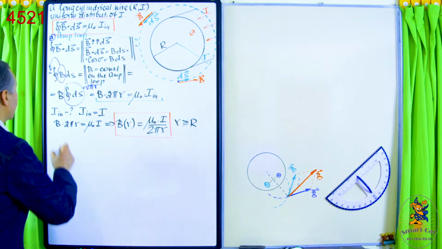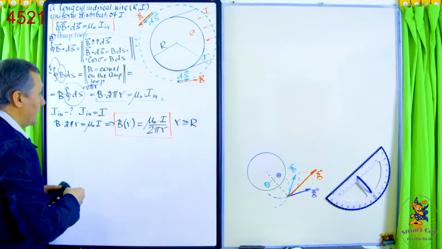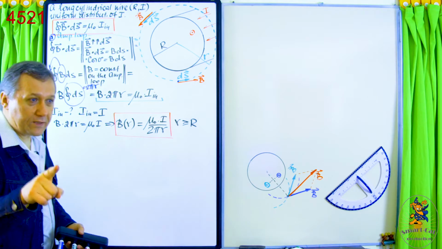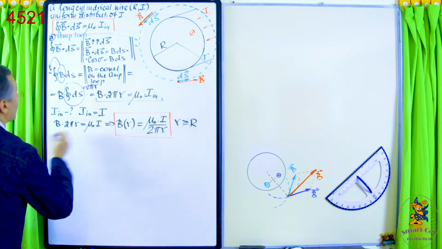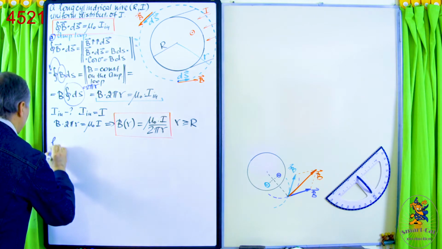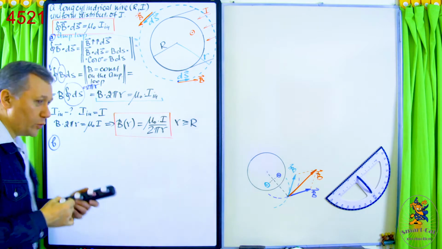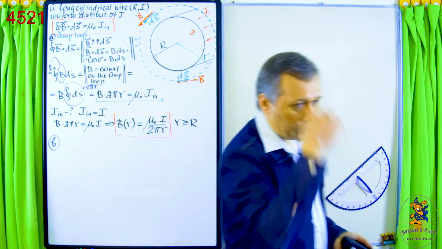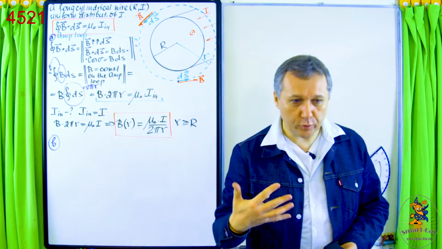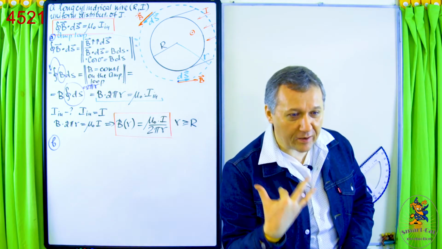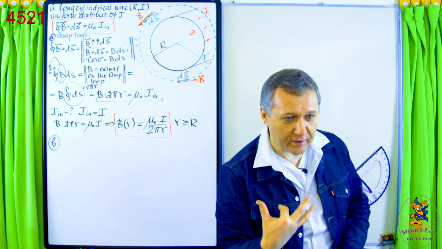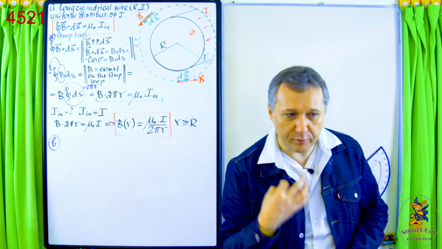Okay, so now part A is done. Now part B. Let's find the magnetic field inside. But again, if something is not clear, tell me. Actually, I probably should also mention: you remember I told you that you have the freedom to choose any amperian loop your soul desires, and you will never be wrong?